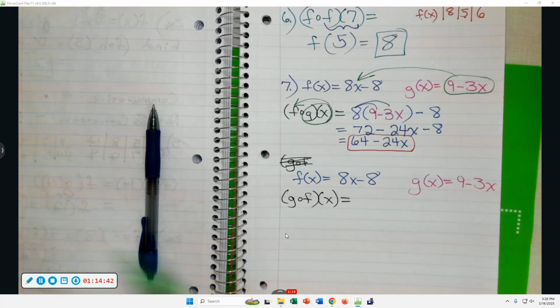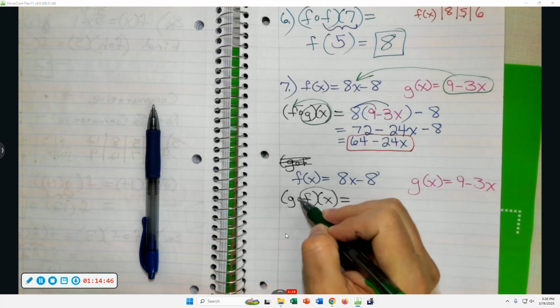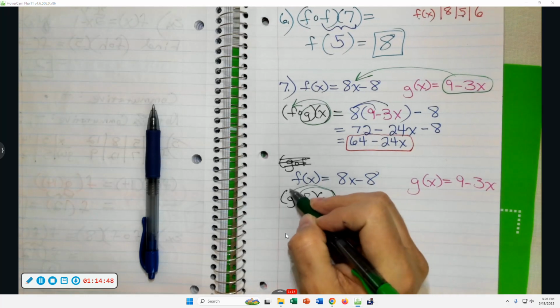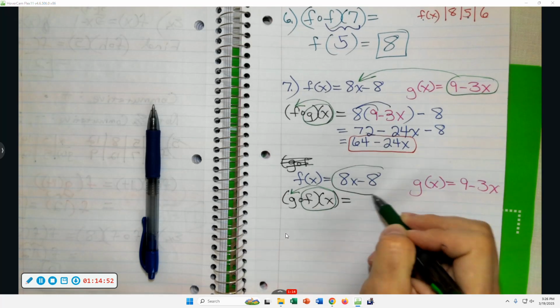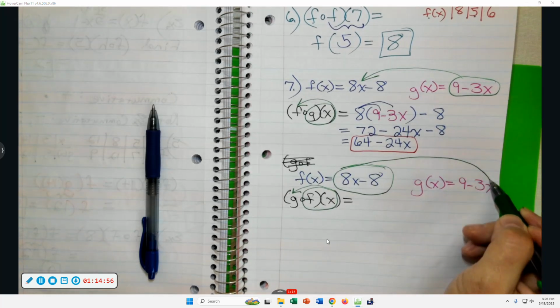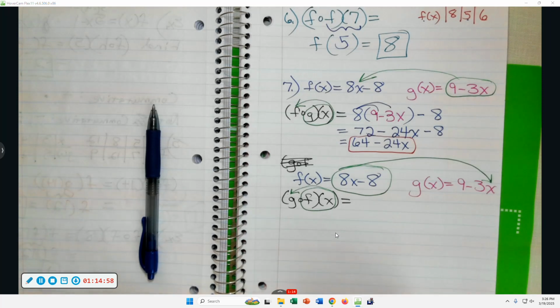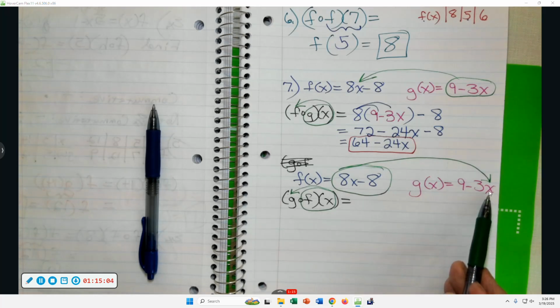That's saying take the second function, f of x, and plug it into g. So you're taking f of x and plugging it into g.